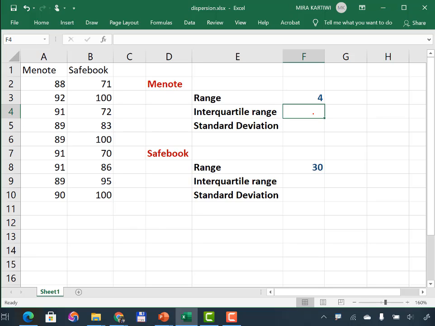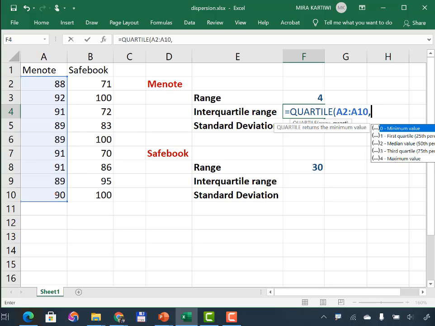And how do we implement quartile? Again, we want to look at quartile 3. So here, we're going to have QUARTILE, we give the range, comma.